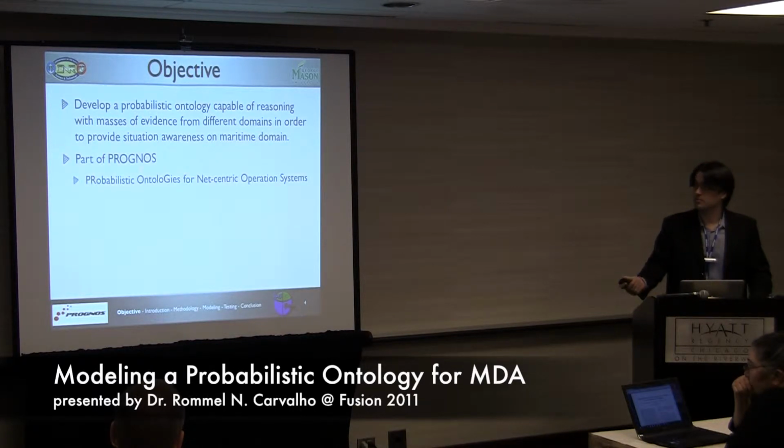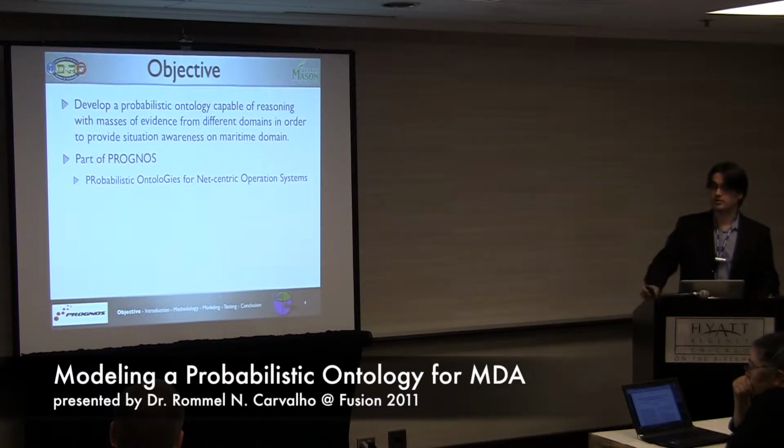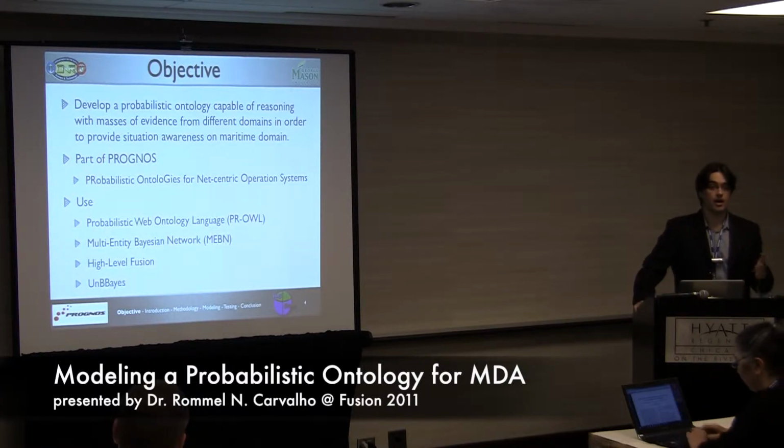It's part of the PROGNOS project. PROGNOS is a probabilistic ontology and net-centric operation systems project. We have published a few papers over the past few years on this project, and I won't go into the detail about it. Basically, we're trying to do high-level fusion using probabilistic ontologies to provide situational awareness.